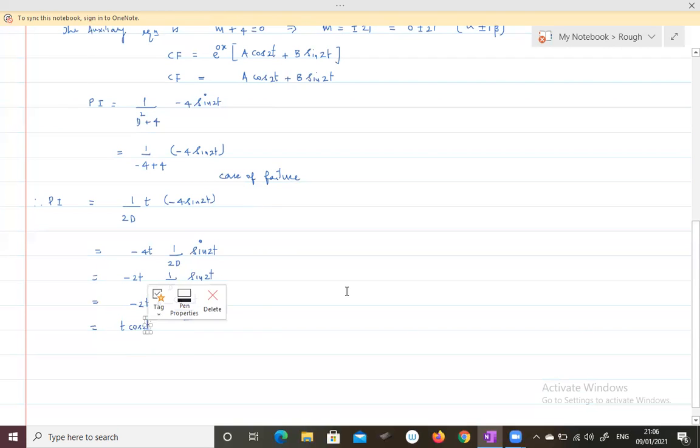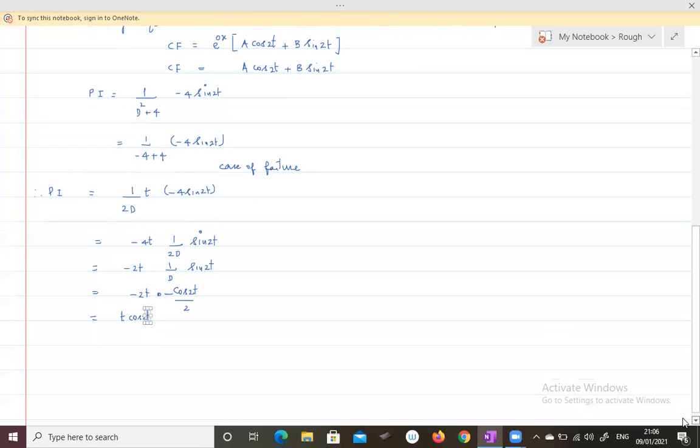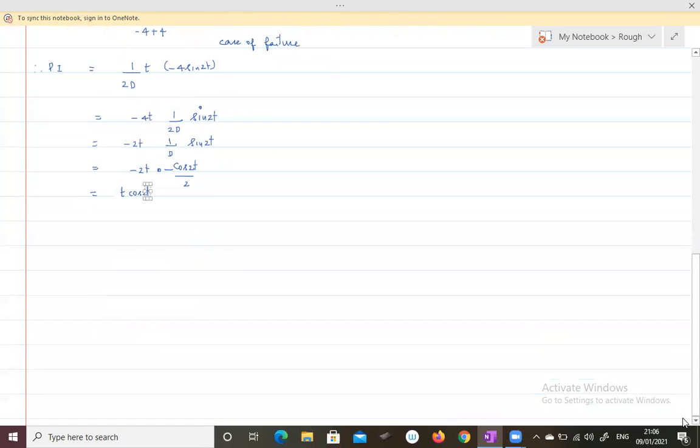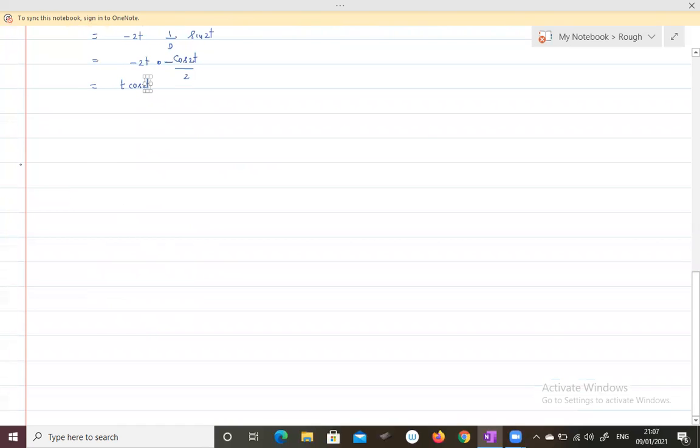Therefore, let us write the solution. The solution y is equal to complementary function plus particular integral.